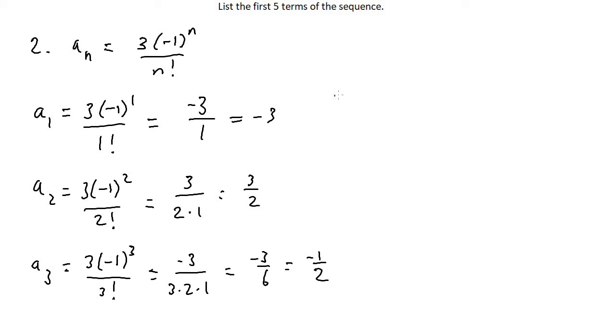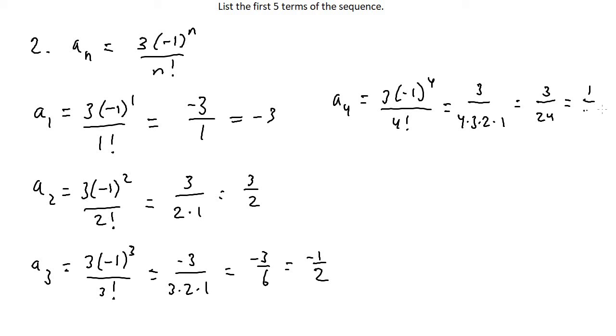In order to find a sub 4, we have to plug in 4, so 3 times negative 1 to the 4th power over 4 factorial. Negative 1 to the 4th is 1, so then we'll get 1 times 3, which is 3, over 4 factorial, which is 4 times 3 times 2 times 1. That's going to give us 3 over 24, which is 1 over 8.